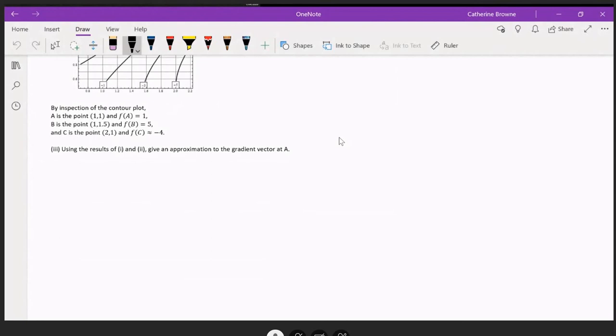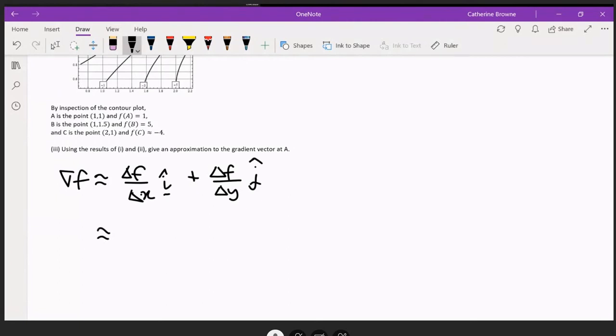An approximation of the gradient vector at A would be given by the change in f over the change in x in the direction of x, and then the change in f over the change in y in the direction of y.